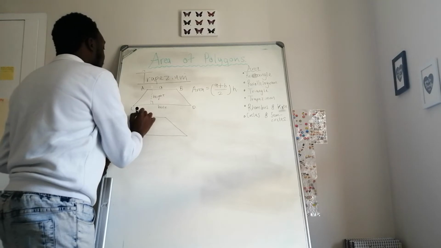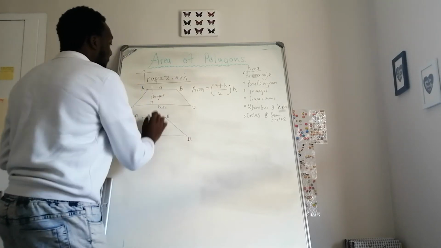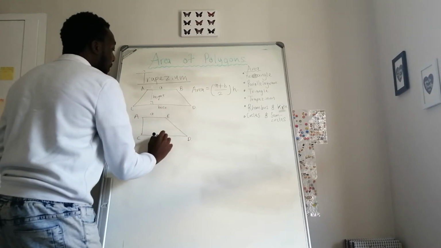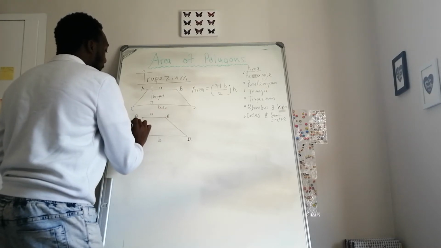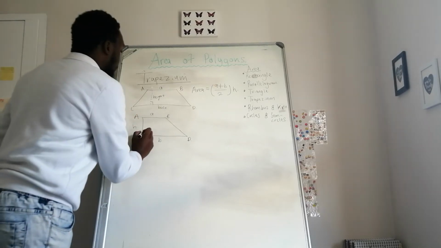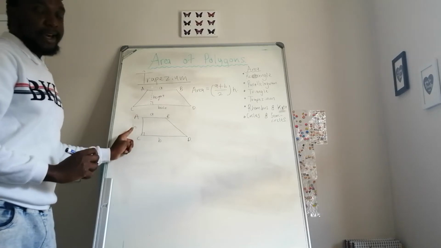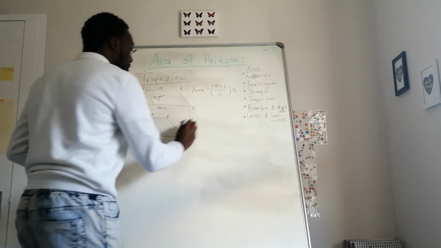So here, if I label this A, B, C, and D, that will be my A. This will be my B. And that will be my height, this distance here. Because it makes a 90-degree angle there, that is my height, right? So those are the only things I need.